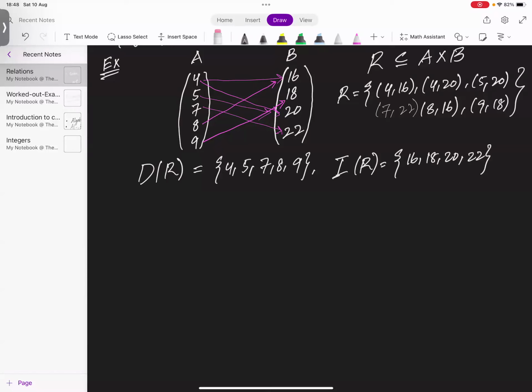And the range of R is the same as the image of R in this case also.